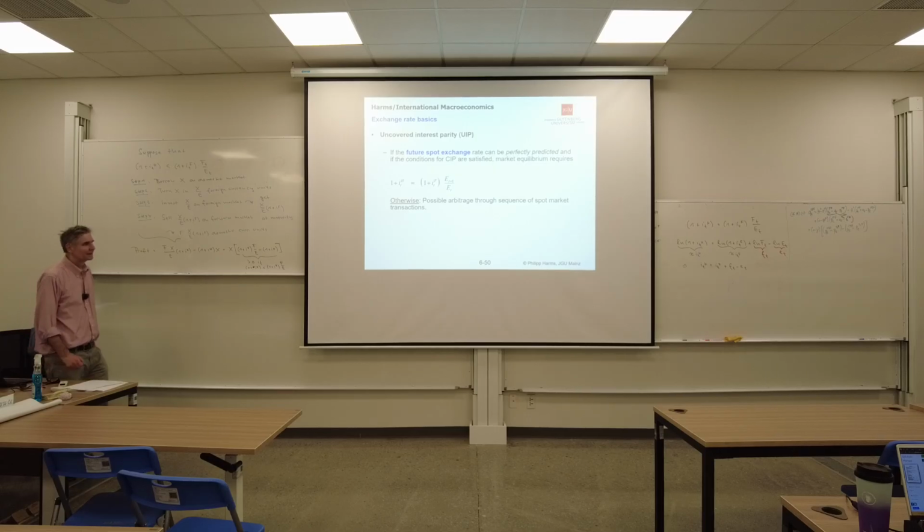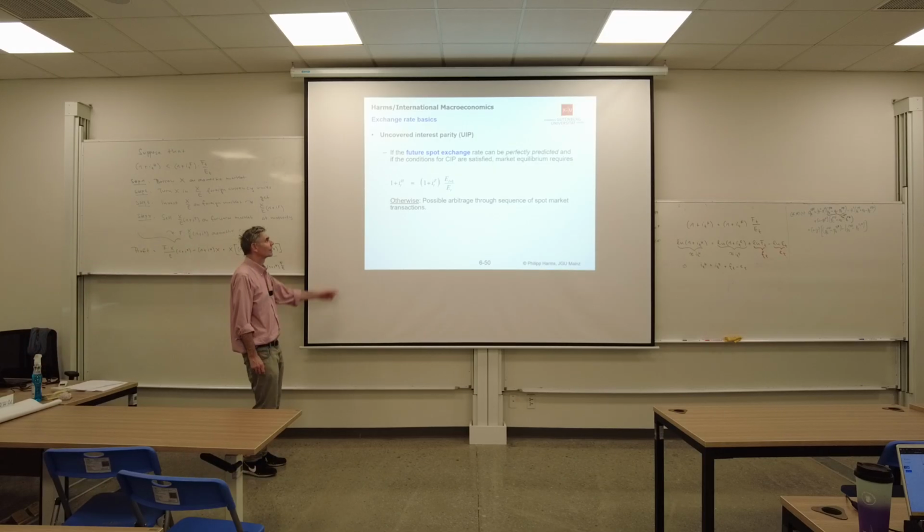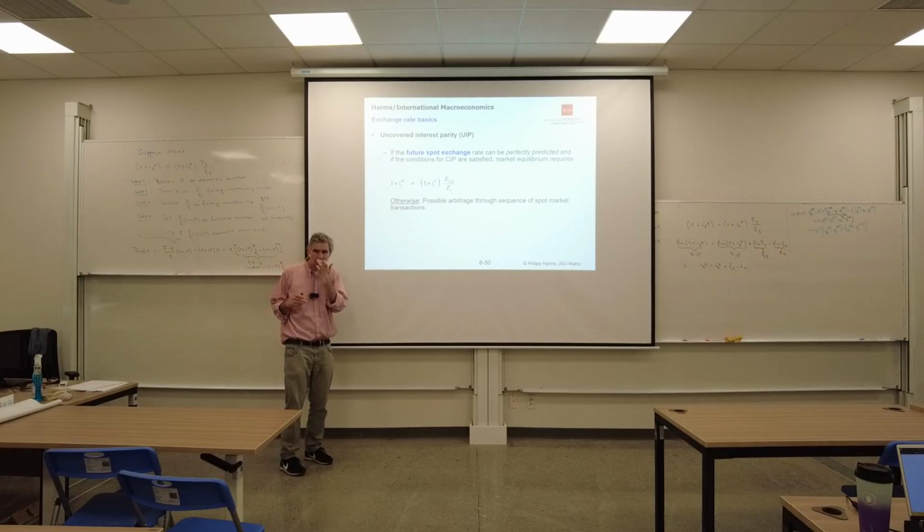Okay. Now, if this future spot exchange rate can be perfectly predicted, and if the conditions for covered interest parity are satisfied, market equilibrium requires that this is the case. So suppose that you have a crystal ball at home, and you ask the crystal ball, what will be the US dollar Vietnamese dong exchange rate from now on in a month, say on May 10, 2025.